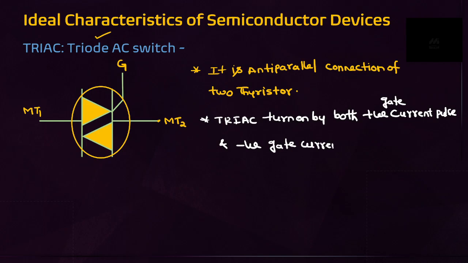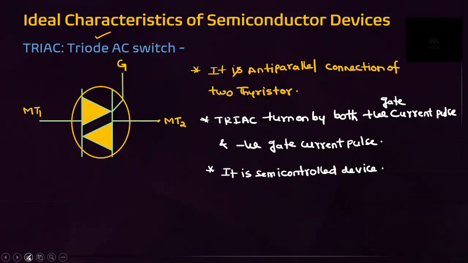You have to turn on with positive pulse and also negative pulse. Triac is also a semi-controlled device. If you have to turn off this triac, then we can use commutation.